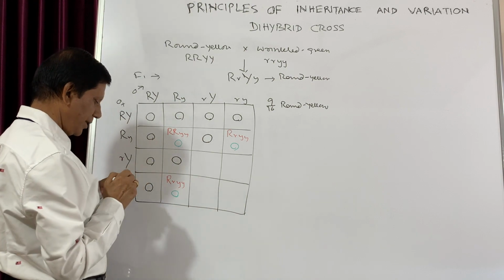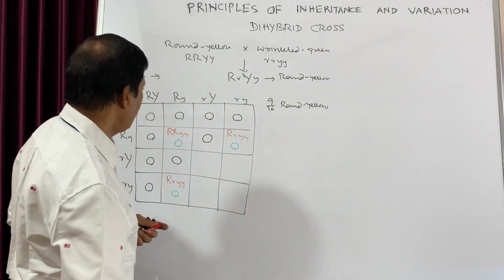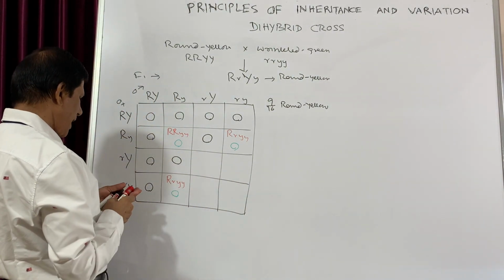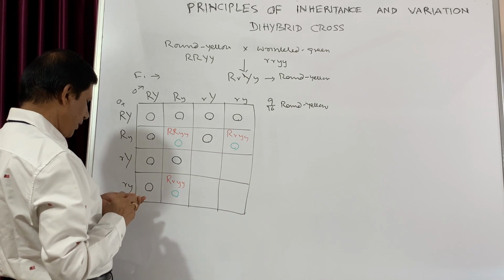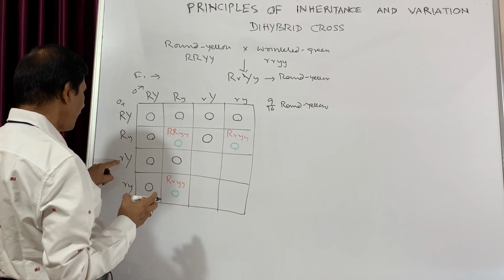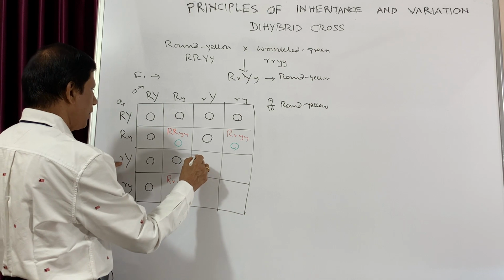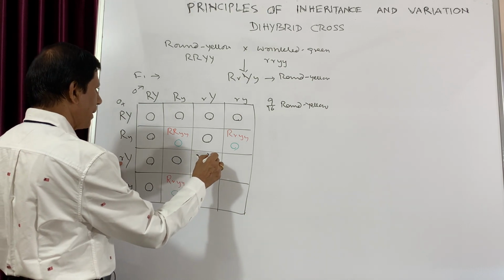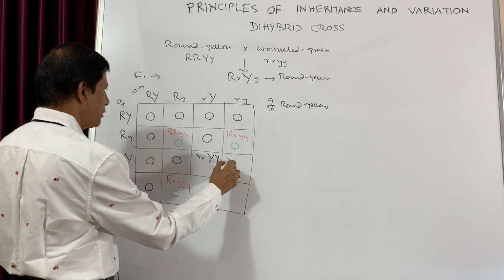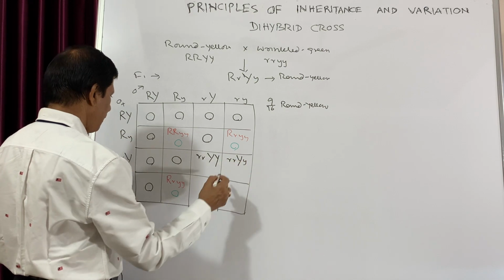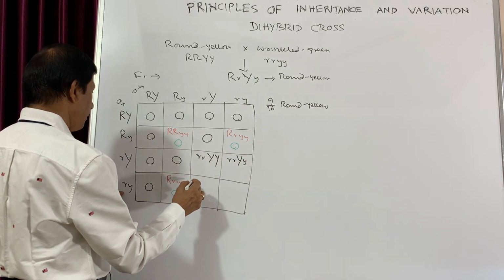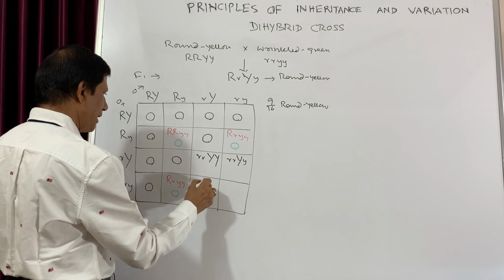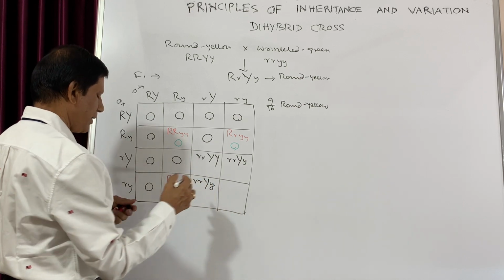Then you come to these places. At these places what will happen? We will find here small r, capital Y, small y. And here small r, capital Y, small y.